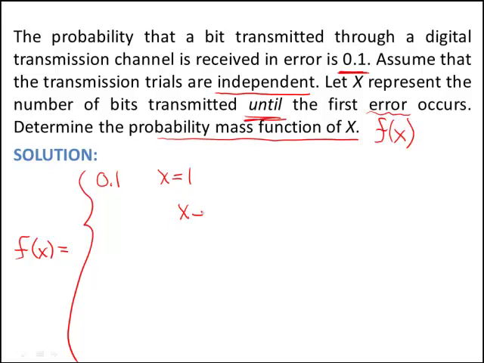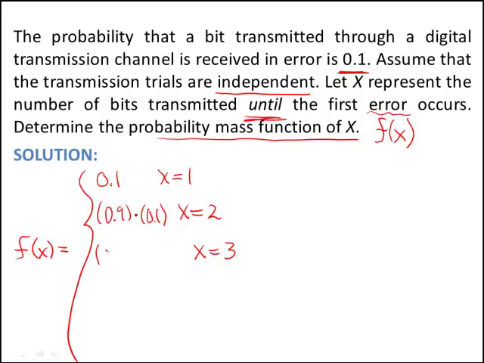X equals 2 means that it wasn't until the second transmission that we had our first error. So the first one I came across was good, there was no error, times, because I have independence, I can just multiply, the second one did come across an error, so this is 0.1. So good times bad. Okay, X equals 3. What that means is our first transmission error occurred on the third trial.